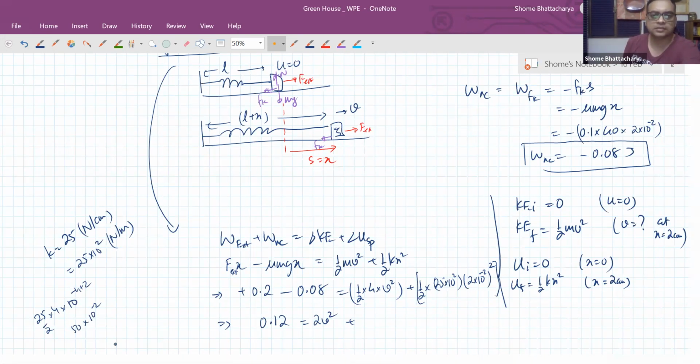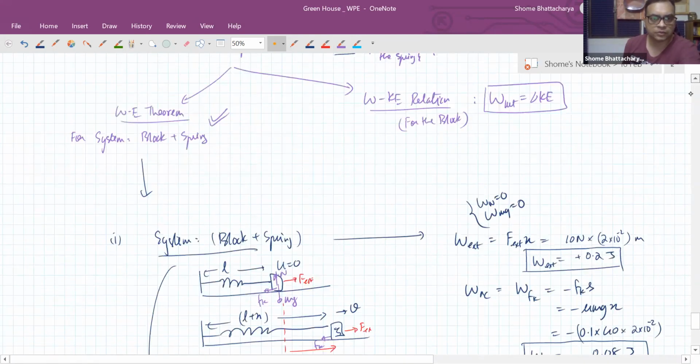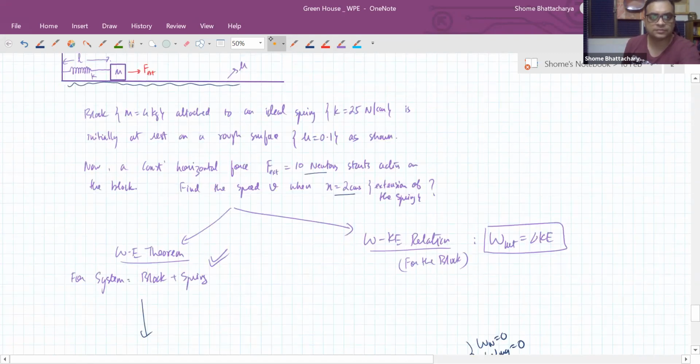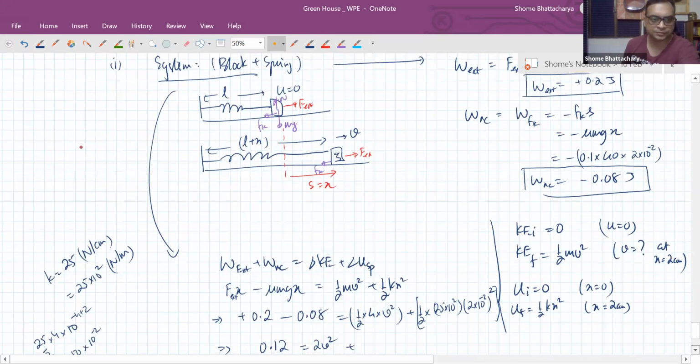Wait a second, we have taken too large a value of spring constant. Spring will actually not allow it to go that far. So we'll reduce the spring constant a little bit. We'll change it to 2.5 newtons per centimeter. Just mark this change, because otherwise the system will actually not be able to go up to 2 centimeters.